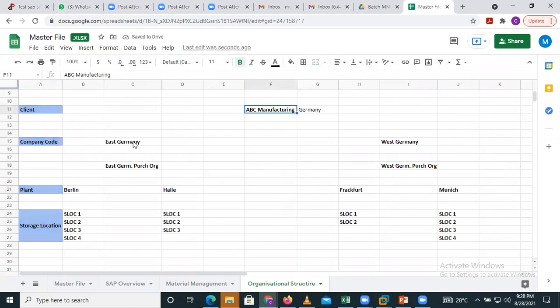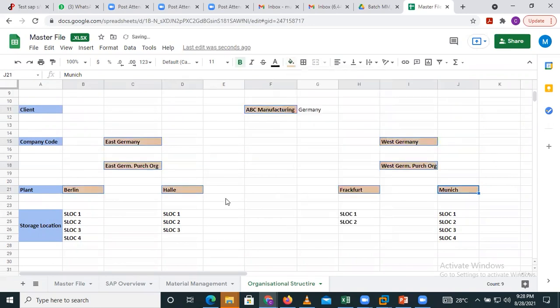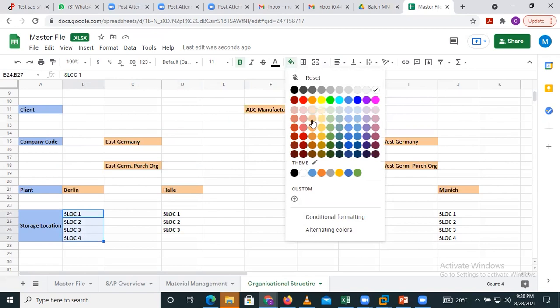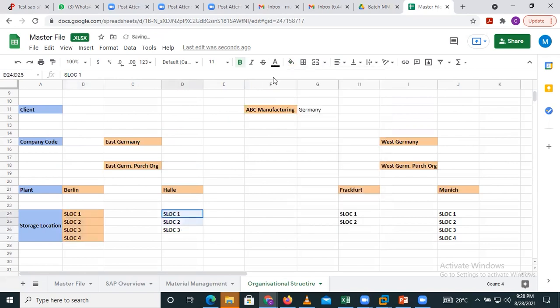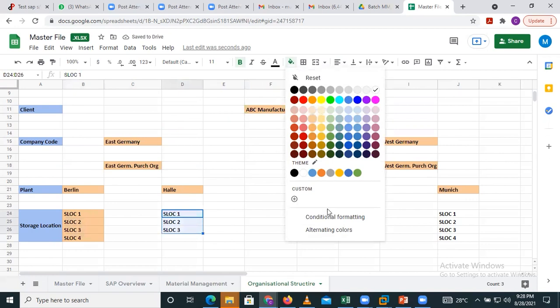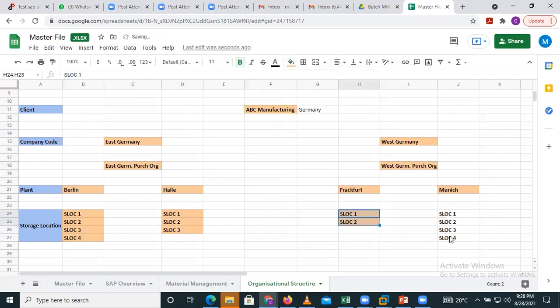So this is the client, this is company code. Then we have purchasing organizations, we have plants, right? I'll put this with a different color. The storage locations also. We are just mapping our business scenarios on paper, in our Excel file. Later, we are going to bring all that information into our SAP system.